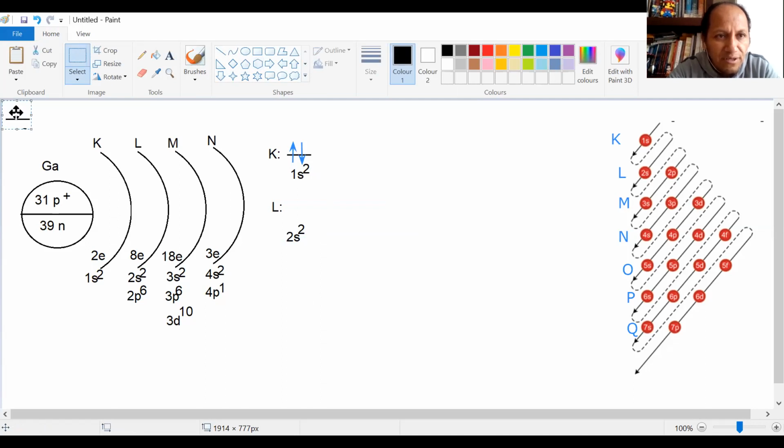And I put it there. 2s2. And the same thing you're going to do with arrows, okay? That means 1, and it means 2. Done.